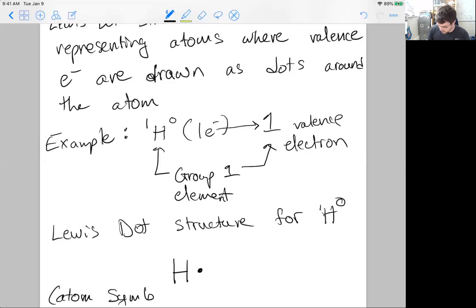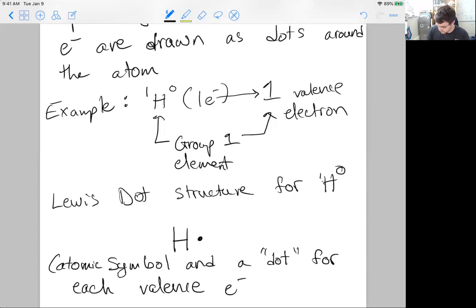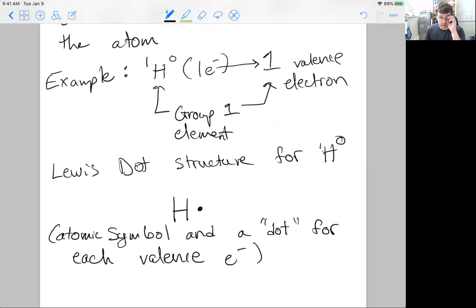So that's hydrogen: an H with a dot. H for hydrogen, dot for its 1 electron.